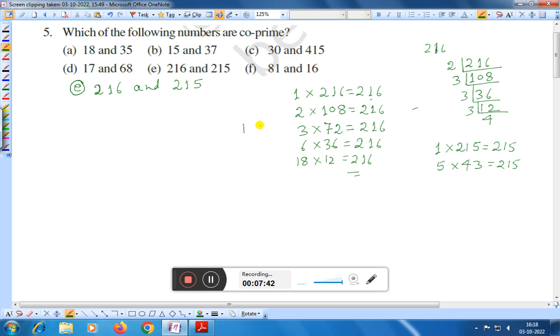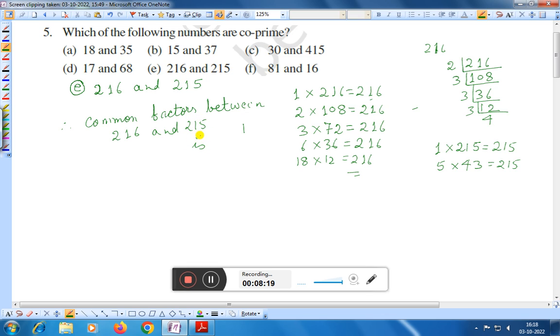Now we see what are the common factors between 216 and 215.